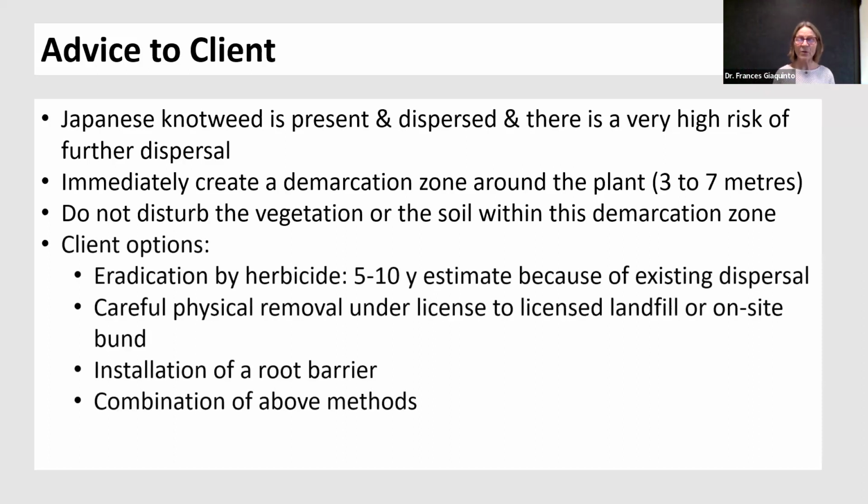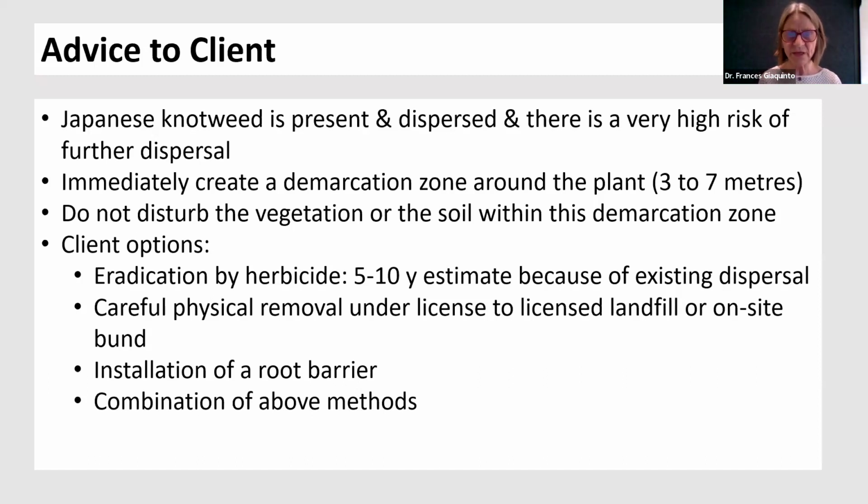Okay. Now, your client options. Just for you to know about, it's not your job to advise your client on the methods of eradication if they want to proceed. Your job is to tell them that further investigation is needed, and also that they need to get a competent professional in to advise them properly. All invasive species work is very tricky.